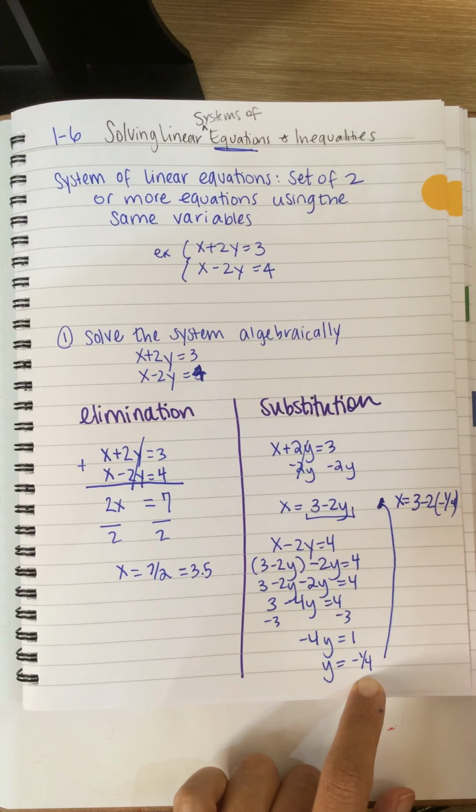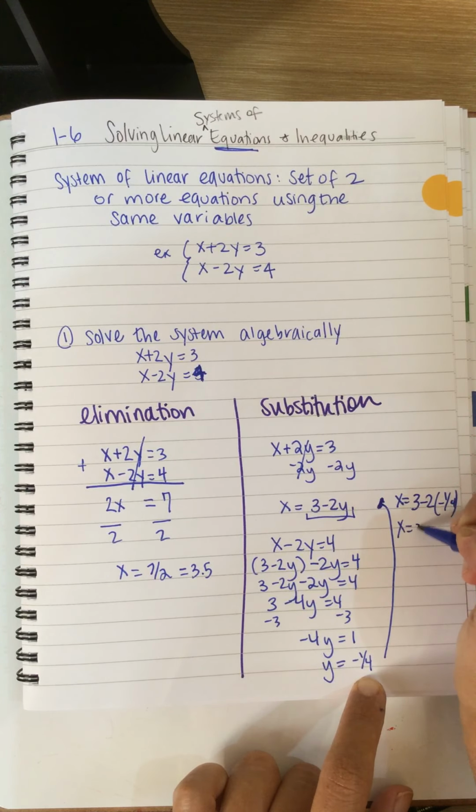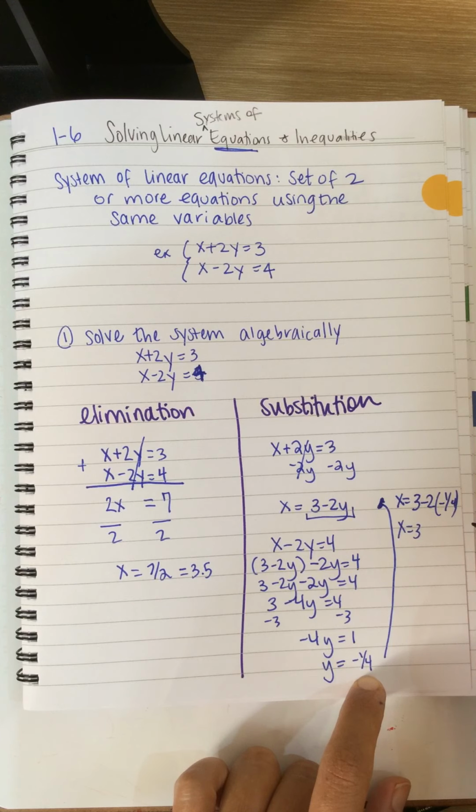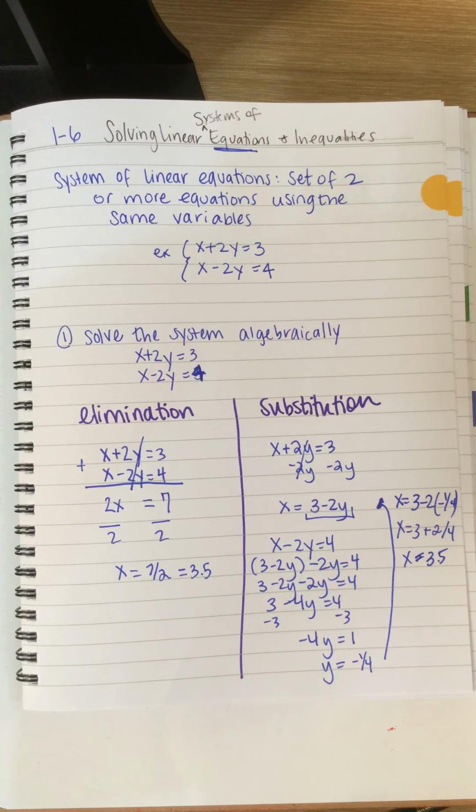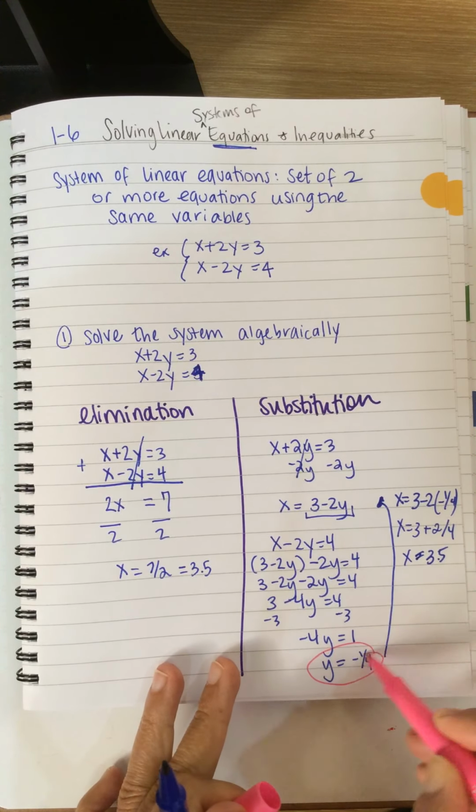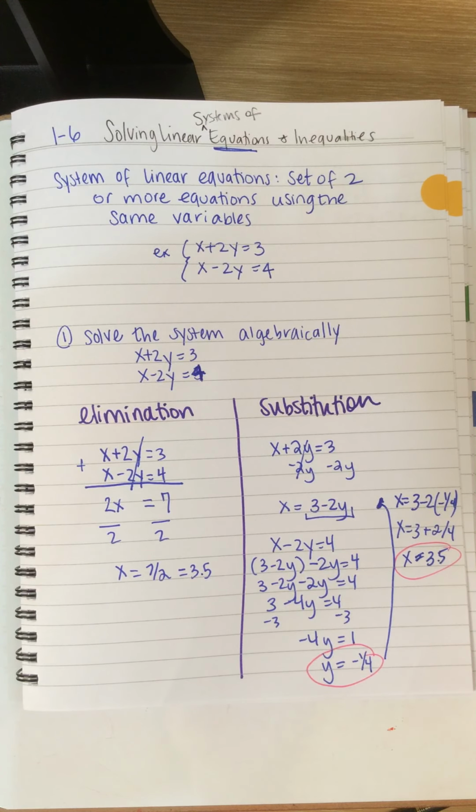I'm just plugging that in for y, which means x equals 3 minus 2 times negative 1/4. So that ends up being positive 2/4. It's just a half, and 3 plus a half is 3.5, which is what we got here. So that's how we know that matches. So our answer to this system is x is 3.5 and y is negative 1/4.